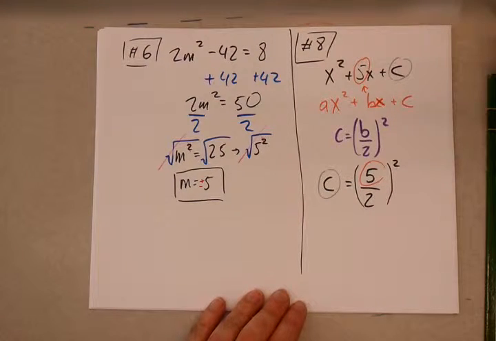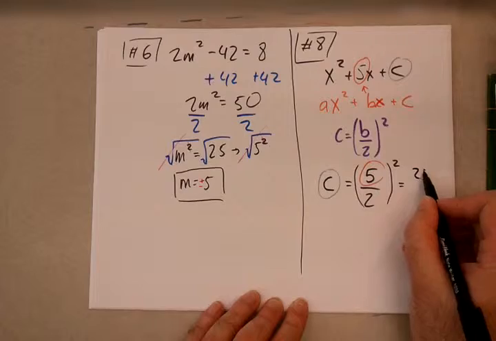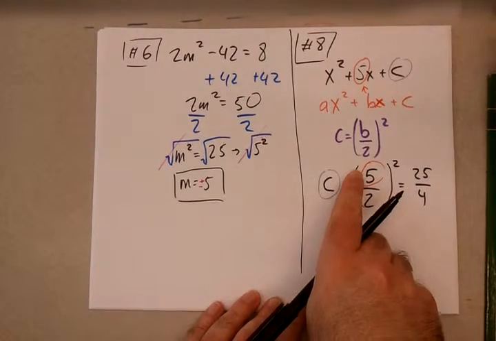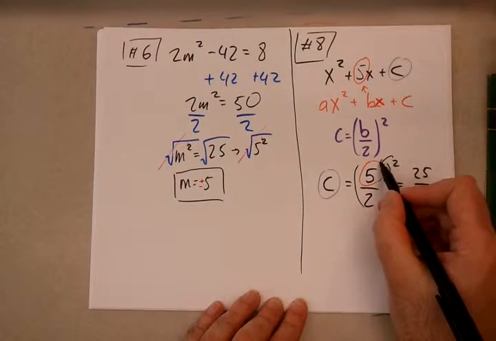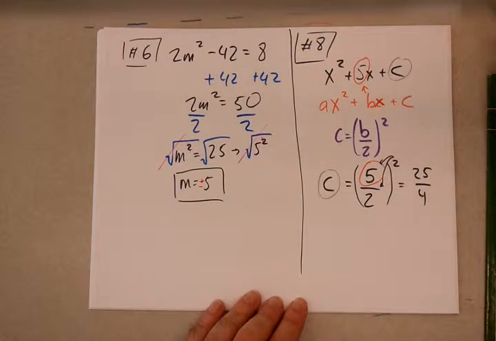Now of course you can divide 5 by 2, get 2.5, and then try to square that, but that's messy. Instead, just square the entire fraction, which means you're going to get 25 over 4. So I squared the 5, and then I squared the 2 separately. So c is now 25 over 4.